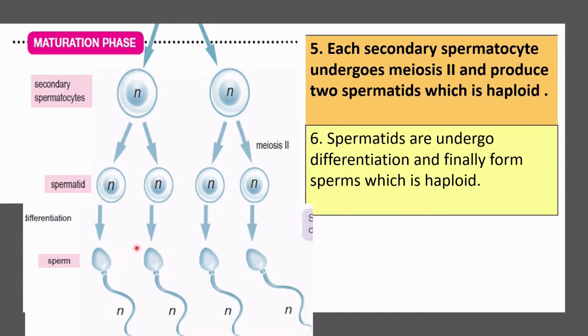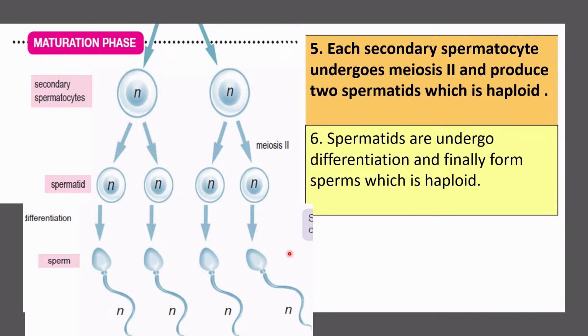Okay, secondary oocyte. And then throughout spermatogenesis, we also have some helpers. For example, first, the Sertoli cell. The Sertoli cell is going to provide nutrients in the process of spermatogenesis, and will be assisted by 3 hormones. First, follicle stimulating hormone, FSH.